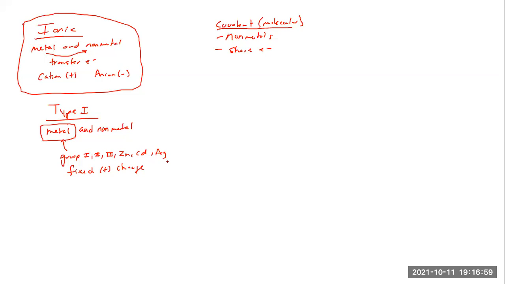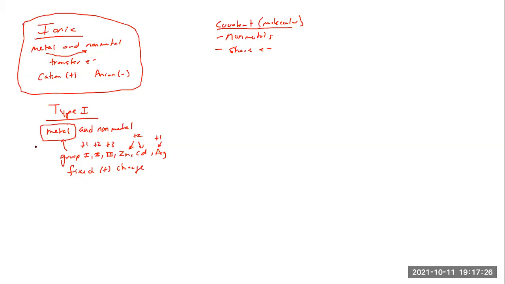Everybody in group 2 is a +2. Everybody in group 3 is a +3. Zinc, cadmium, and silver are transition metals, but they have a fixed charge no matter what the situation is. Cadmium and zinc are always +2, and silver will always be +1. And these others would be +1, +2, and +3, always.